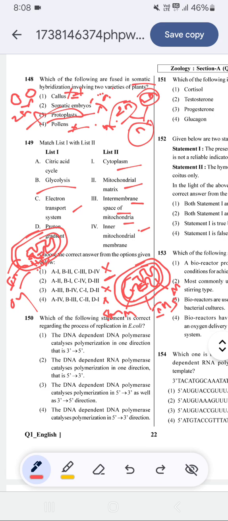So due to accumulation of protons in the intermembrane space, there occurs a gradient between matrix and space. So the protons must move from space into the matrix by synthesizing ATP. So we will see the proton gradient in intermembrane space. The answer will be second option.